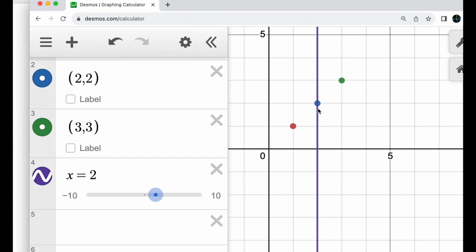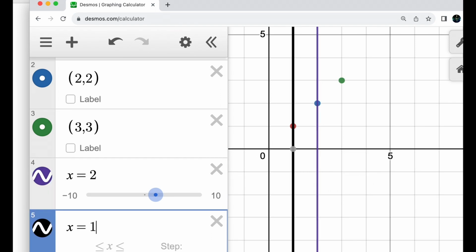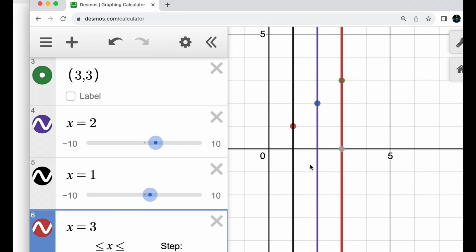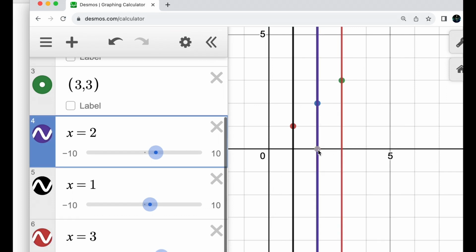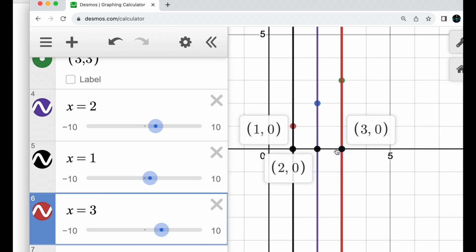So if you make a vertical line at those points, just click, and that x value of 2 is in the domain. Then we could do x equals 1. That's in the domain as well. And x equals 3. We're trying to find the x values of the points in question. That's how you find the domain.